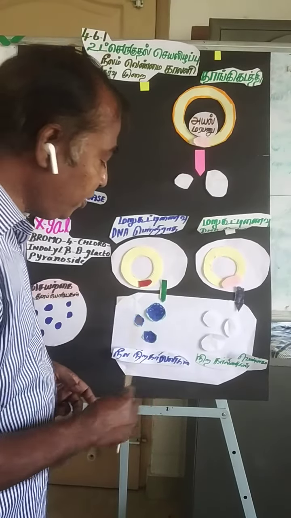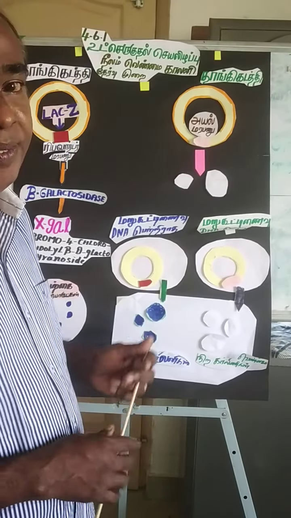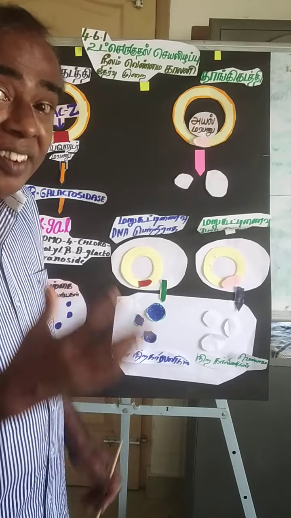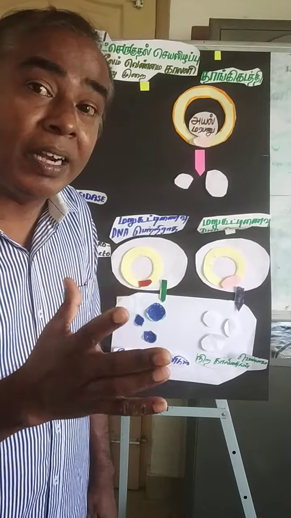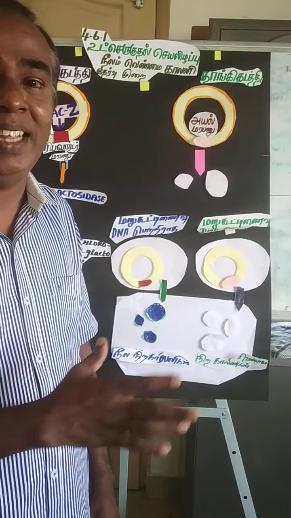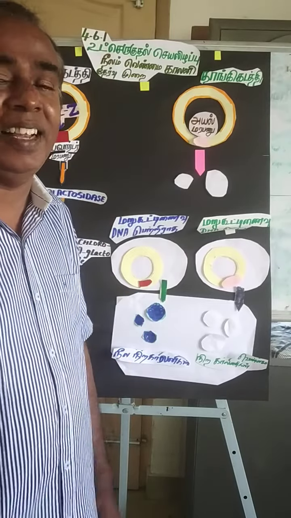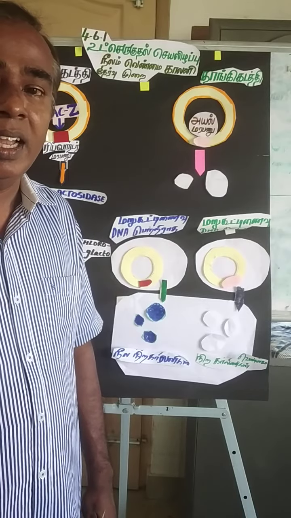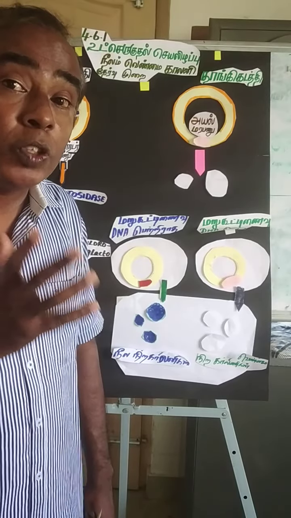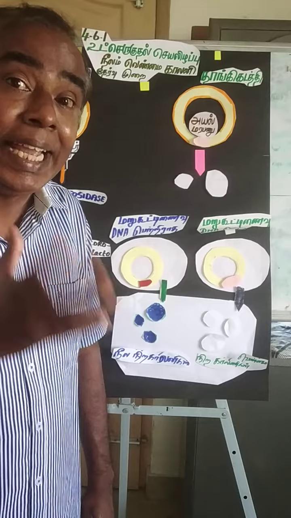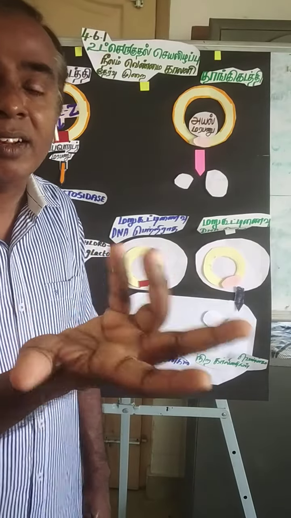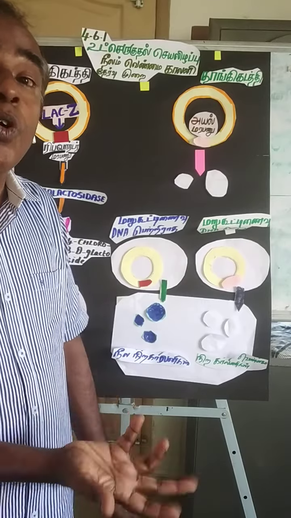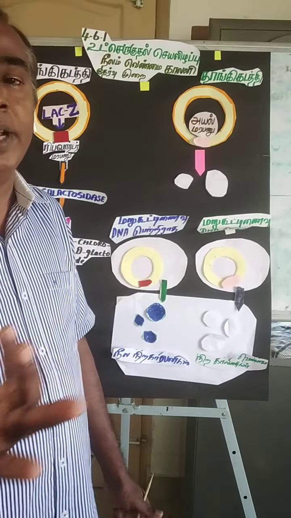So by means of these colors, blue and white, the host cells which produce a white colony are recombinant. They possess recombinant DNA in their cells. The cells which do not possess recombinant DNA produce blue colonies. So these blue colonies do not have the recombinant DNA.